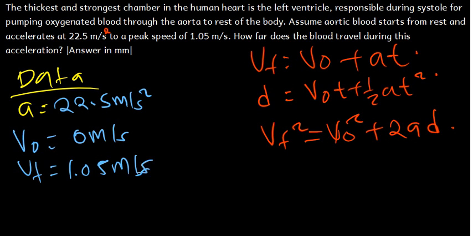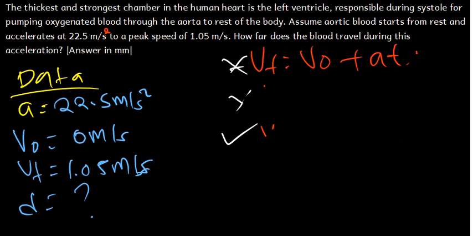These are the only things we know. We want to find the displacement, which we don't know. We don't have time, therefore the first formula can't work out. The second can't work out because we need time. So these two can't work out. The only formula is going to be the third one, so we're going to use the third formula to find the displacement.